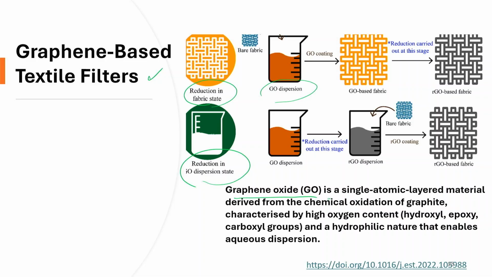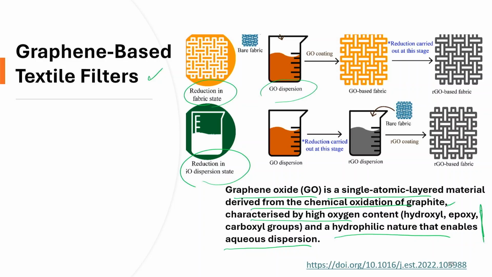Graphene oxide is a single atomic layered material derived from the chemical oxidation of graphite, characterized by high oxygen content. So, hydroxyl, epoxyl and carboxyl groups are there, and its hydrophilic nature enables aqueous dispersion. So, these are hydrophilic in nature also.